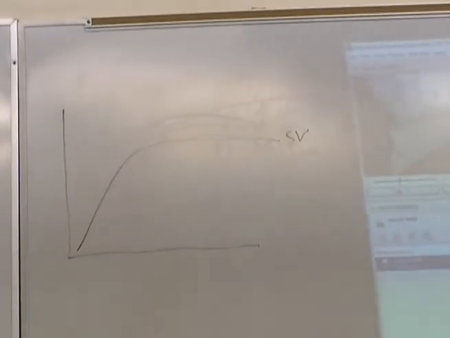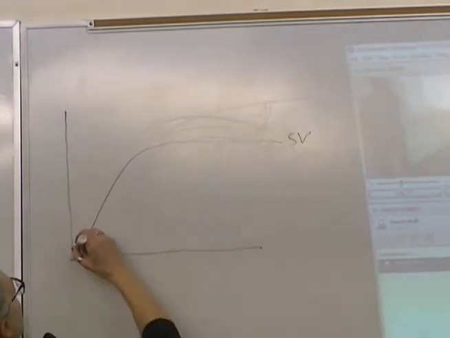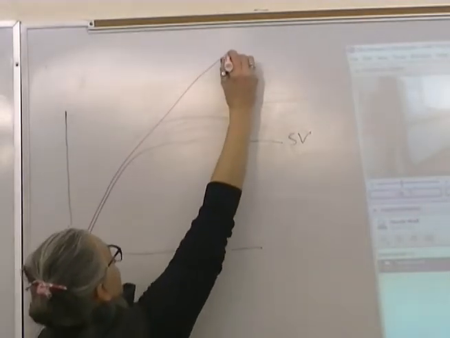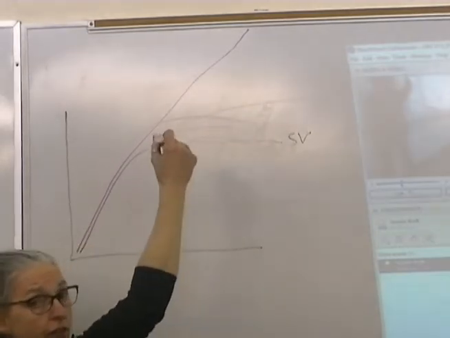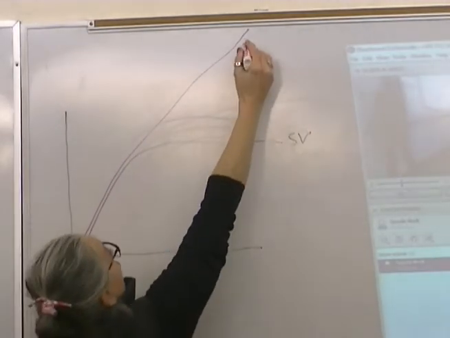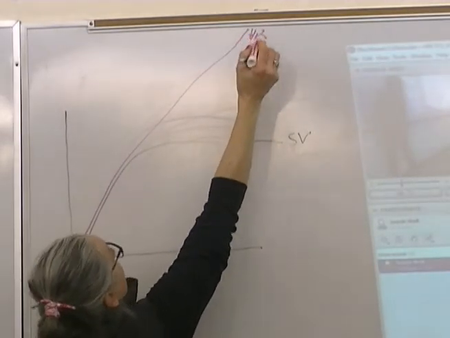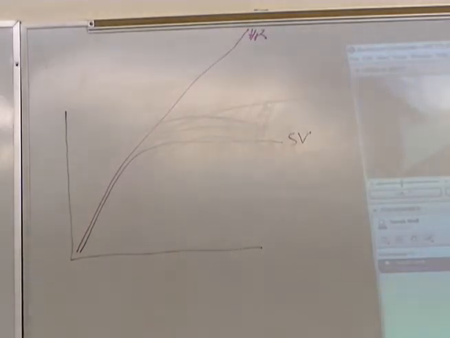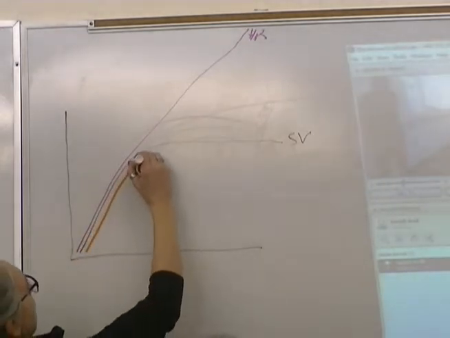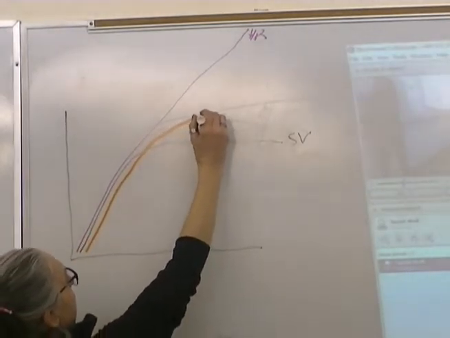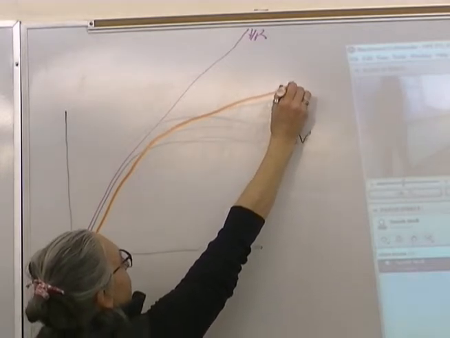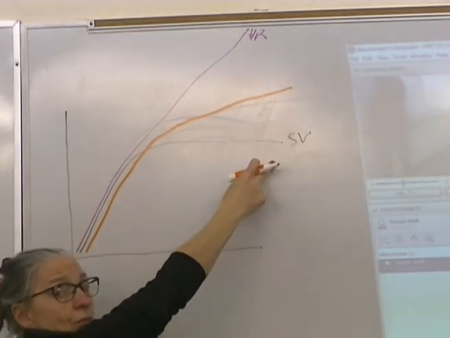Heart rate goes up until you drop on your face. So Q goes up and then keeps going up, but at a lesser incline because stroke volume plateaus.